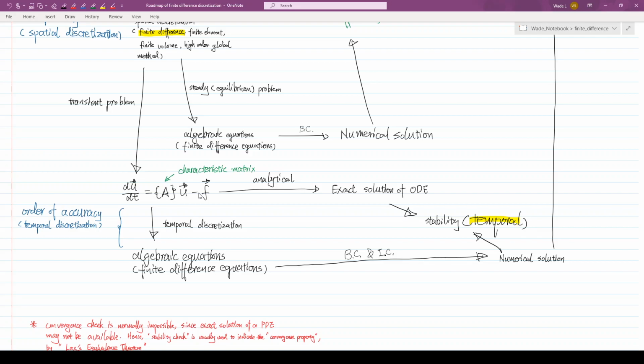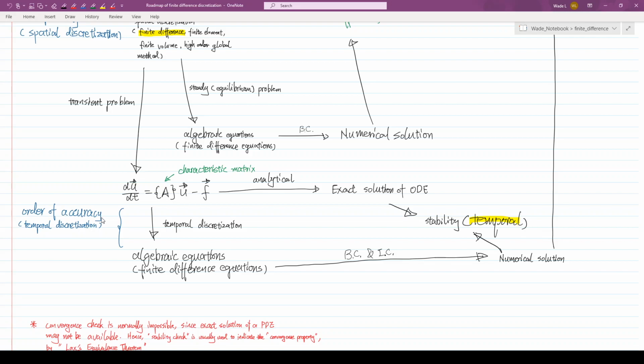In computational physics, we call this ordinary differential equation a semi-discrete form, in which the spatial derivatives are discretized by spatial discretization schemes, and the temporal derivatives remain analytical. In the temporal discretization, we could also obtain the order of accuracy of the temporal discretization.